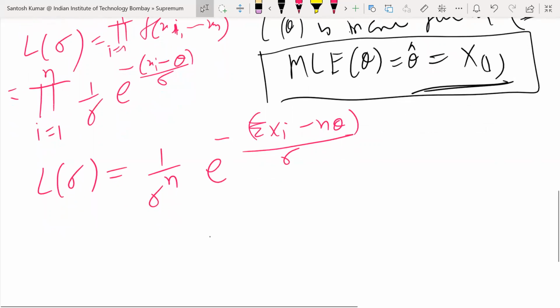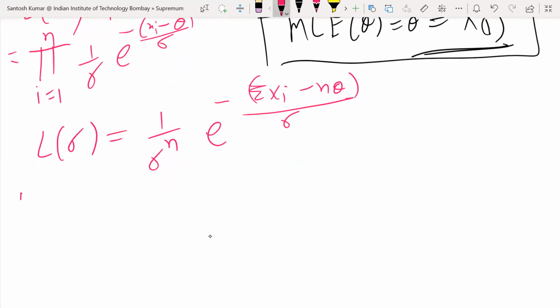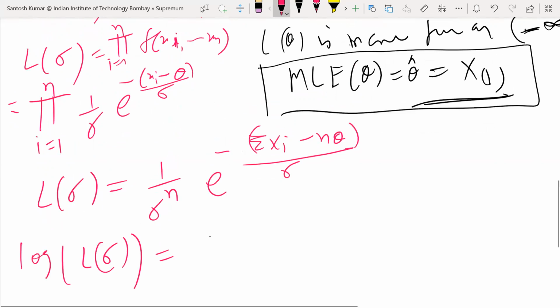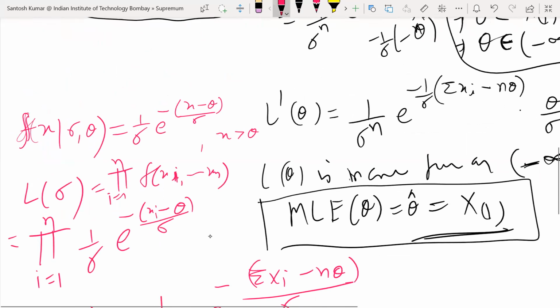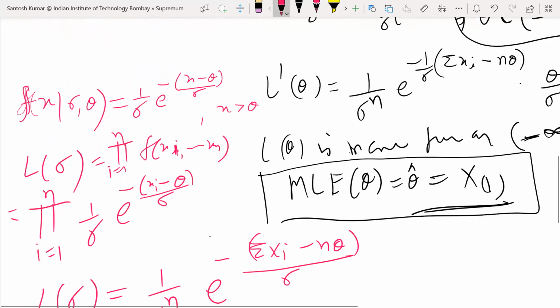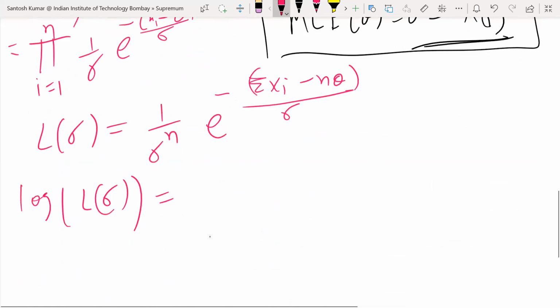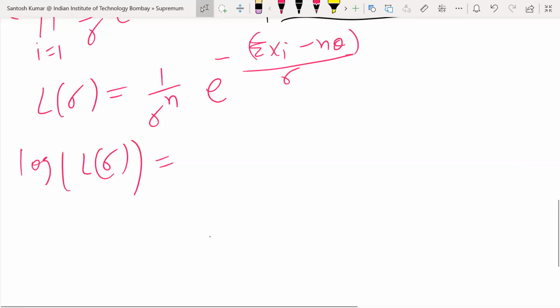Now let's take the log, so log L sigma. In this case also we can take the log. I have not taken it in L theta, but we can take it there too. So let's take the log to simplify this.